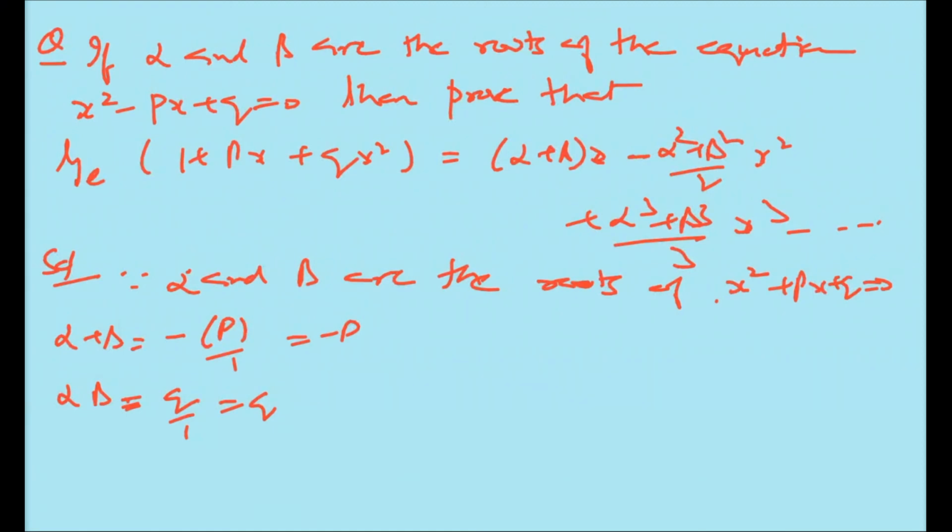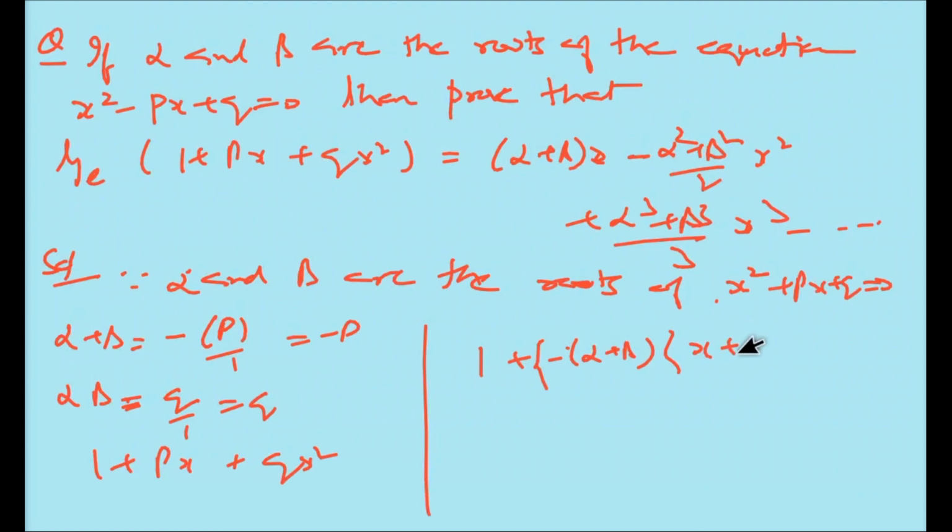Now in the equation, if we write the value of p and q here, we will get it. What we got? We got p is minus alpha plus beta and q is alpha beta.